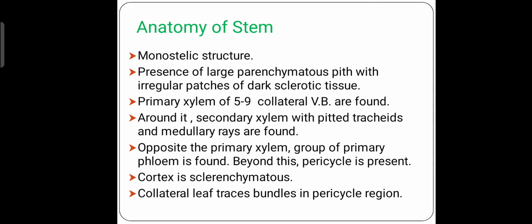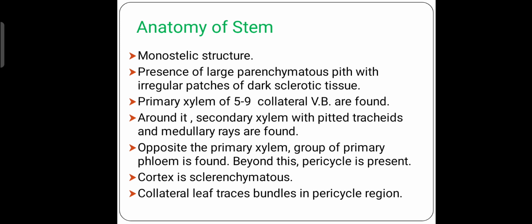Then we will see anatomical features of the stem of Lyginopteris. It has monostelic structure. There is presence of a large parenchymatous pith with irregular patches of dark sclerotic tissue. Primary xylem basically consists of 5 to 9 collateral vascular bundles, and in case of secondary xylem they have pitted tracheids and medullary rays.